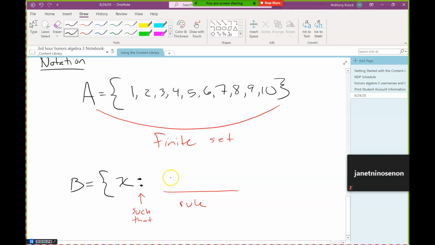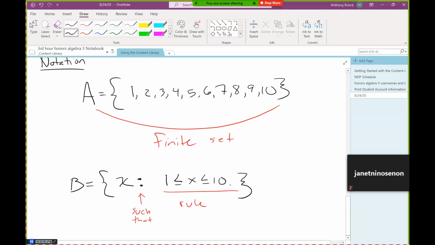Since we're talking about just the numbers between two things, we can just use an inequality to describe this. So if I want all the numbers between 1 and 10, I just want everything that's greater than or equal to 1 and everything that's less than or equal to 10.